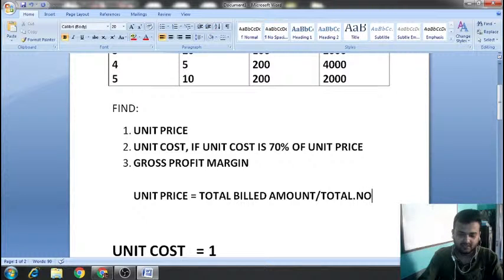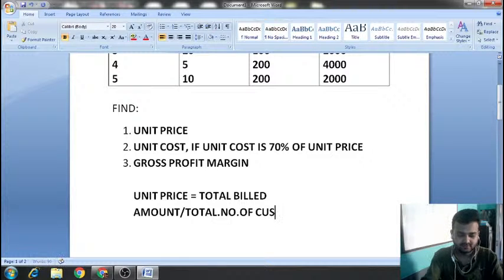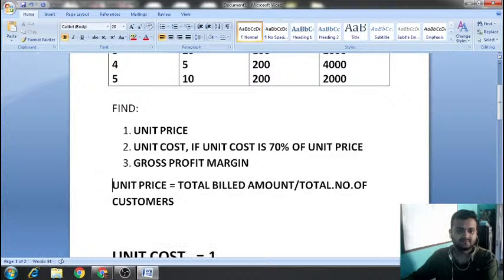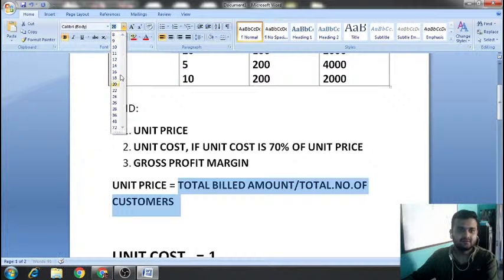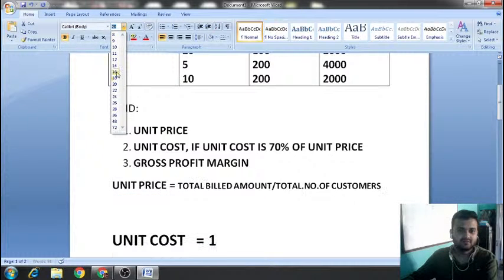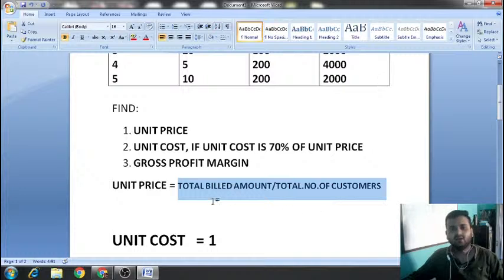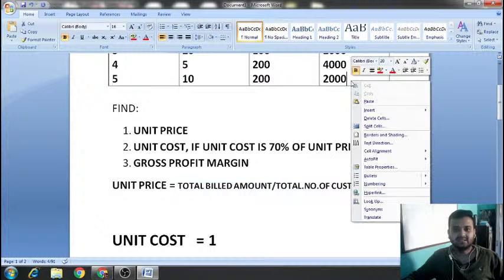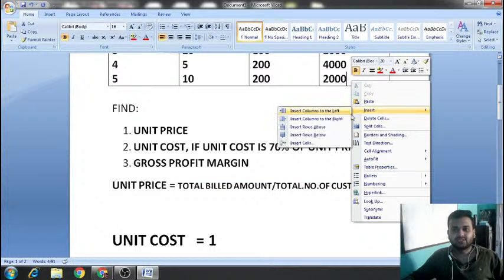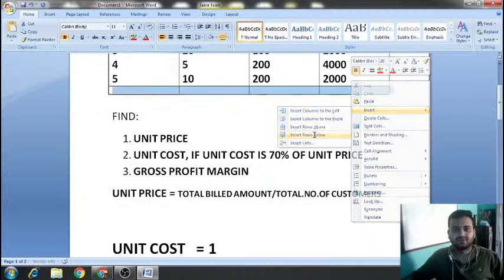The formula for unit price is total billed amount divided by the total number of customers.